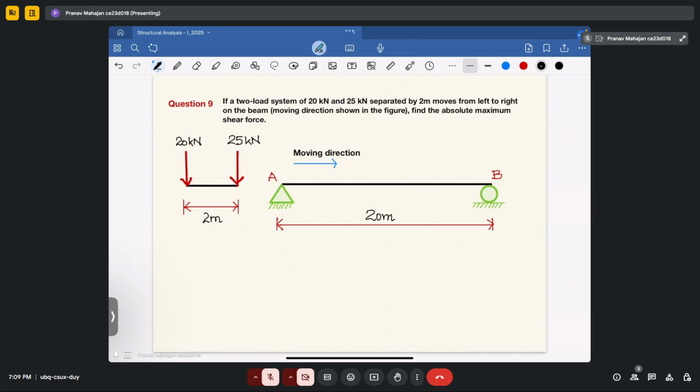First case is when the 20 kilonewton load is kept at reaction A, or second case is when 25 kilonewton load is kept at reaction B. So we'll take both the cases, and out of both the cases, which one will give you maximum shear force will become your absolute maximum shear force. Okay, so for this question, let me take case 1.